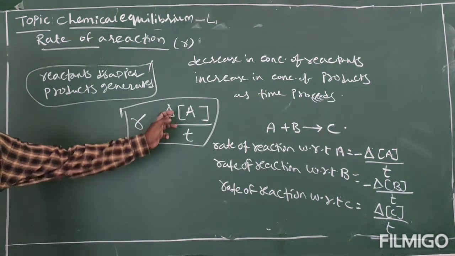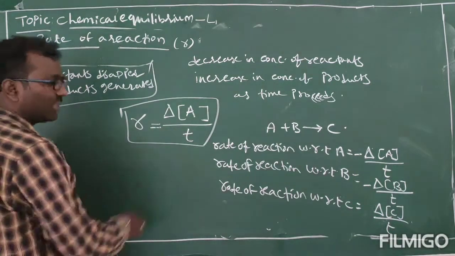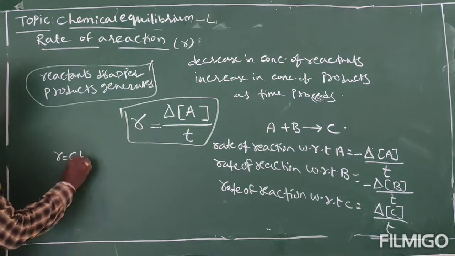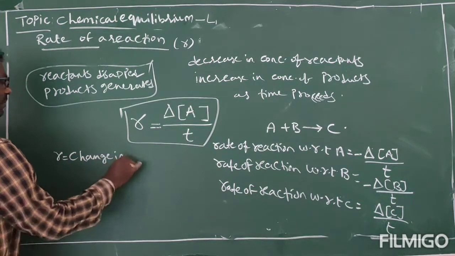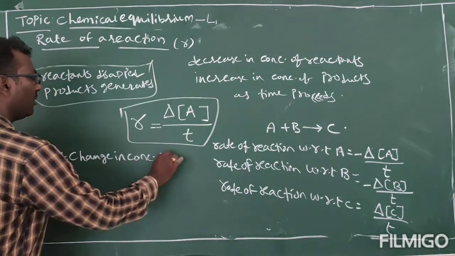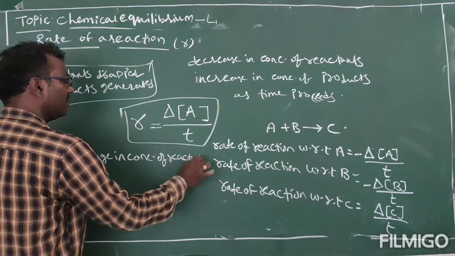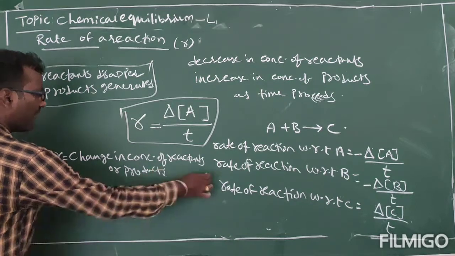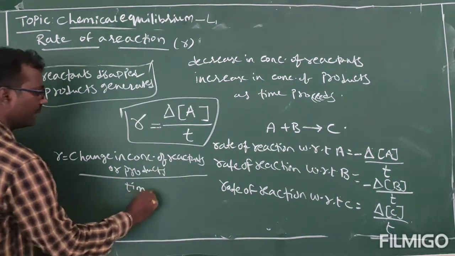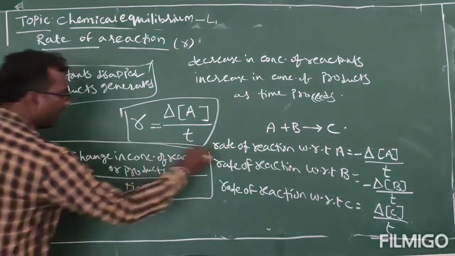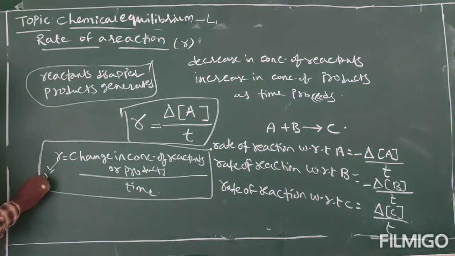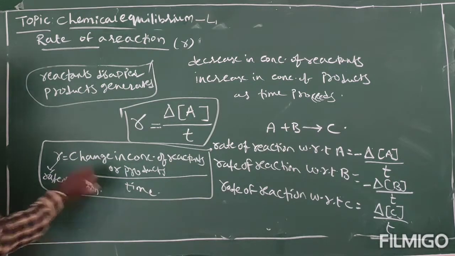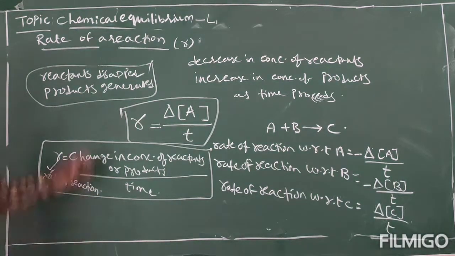Okay, rate of reaction is change in concentration. So I can write like this: change in concentration of reactants or products by time is nothing but rate of reaction. Okay, this is what rate of reaction means.